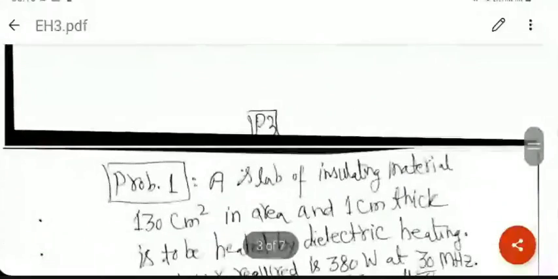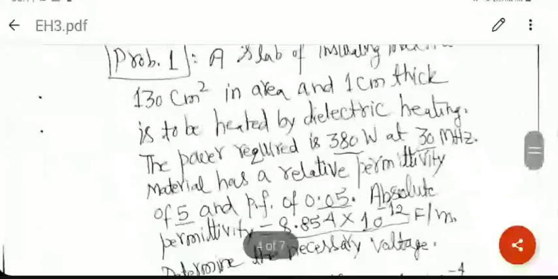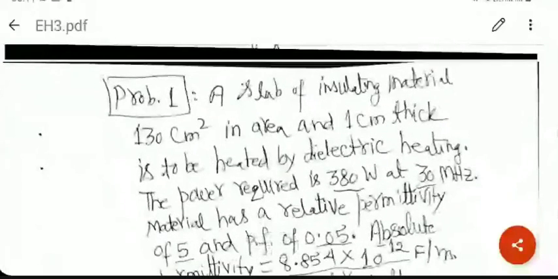not that difficult. Now here is one numerical example, close enough to reality. A slab of insulating material, which is dielectric, 130 centimeter square in area and 1 centimeter thick, is to be heated by dielectric heating.